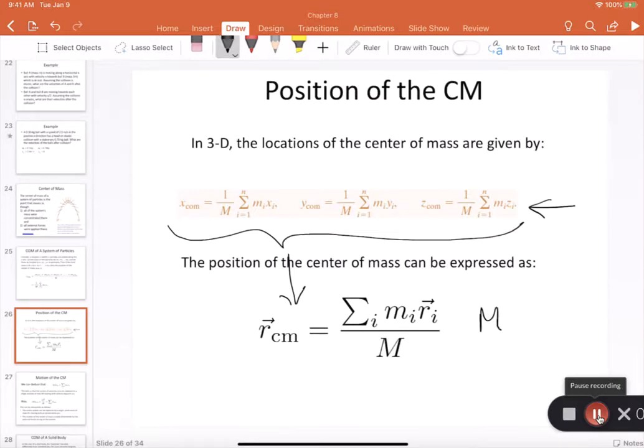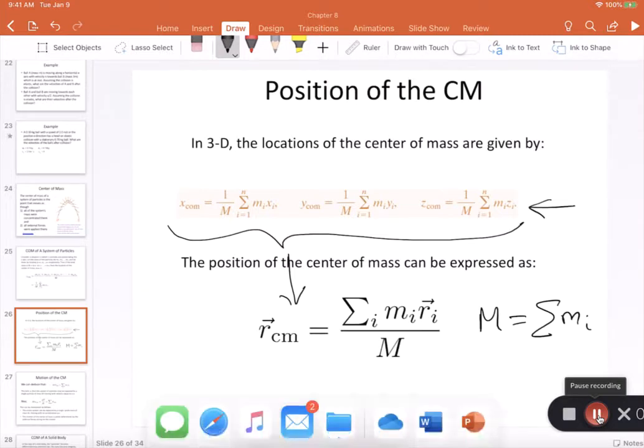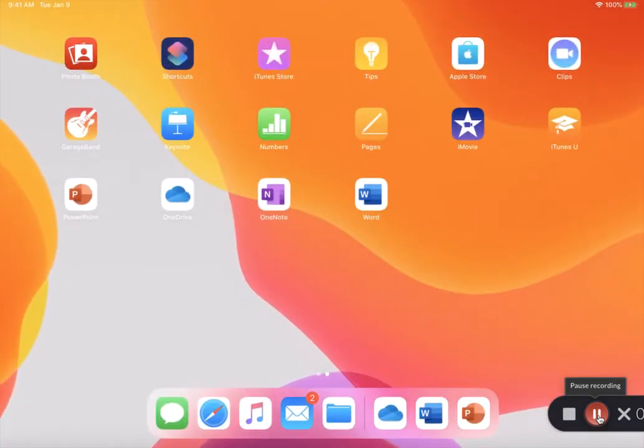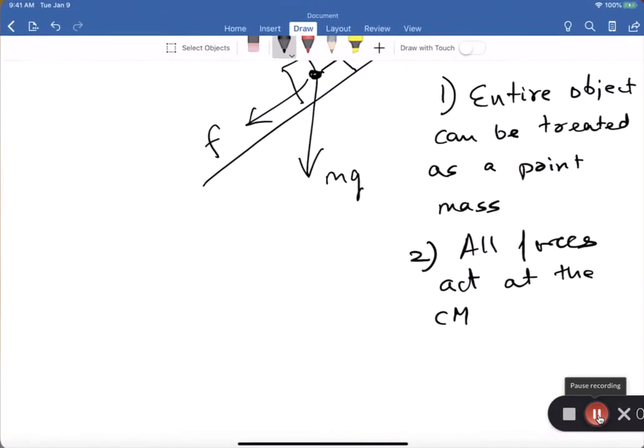So capital M is equal to summation mi. I think I showed you how this formula comes about, but in case you have forgotten, since it's been a while, I'll just quickly go over it one more time.